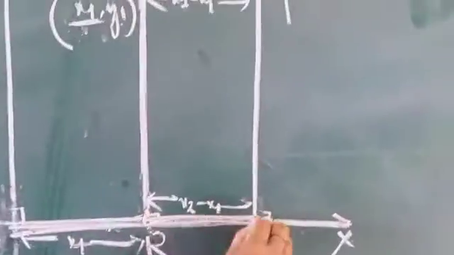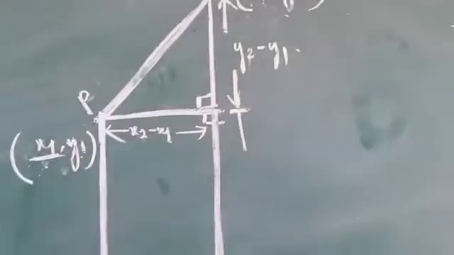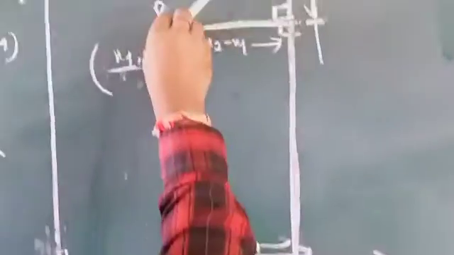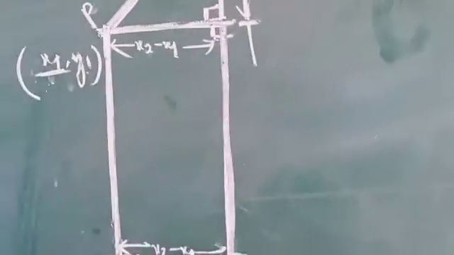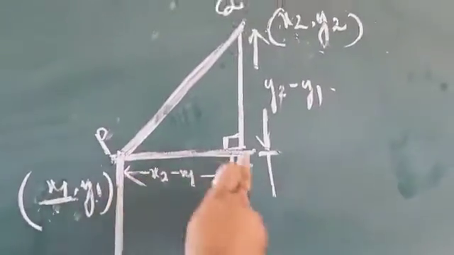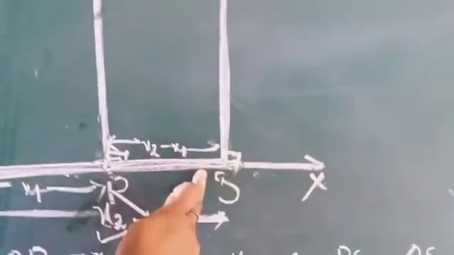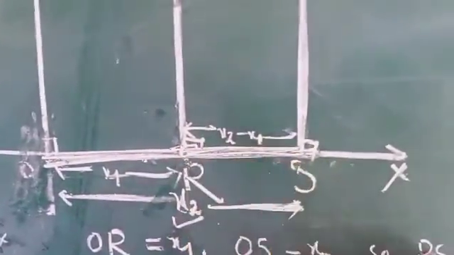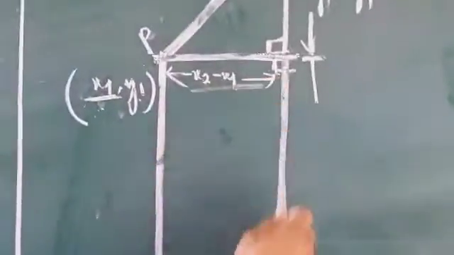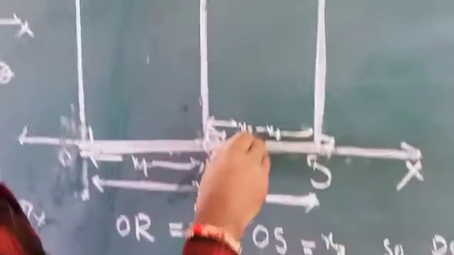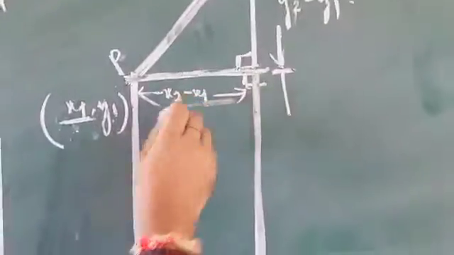This is 90, this is 90, I have drawn perpendiculars. If 3 angles are 90, this is also 90. In a rectangle, opposite sides are equal. If RS is x2 minus x1, then PT is also x2 minus x1.